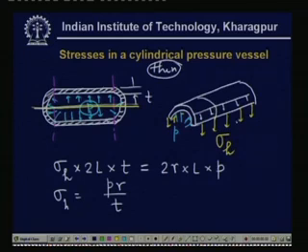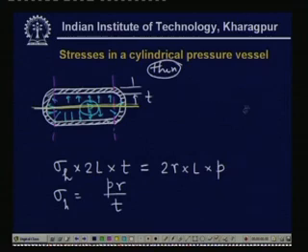What is the other form of stress? Now, this is the hoop stress. Now, we have other forms of stress as well, that is visible if you take a different cut.